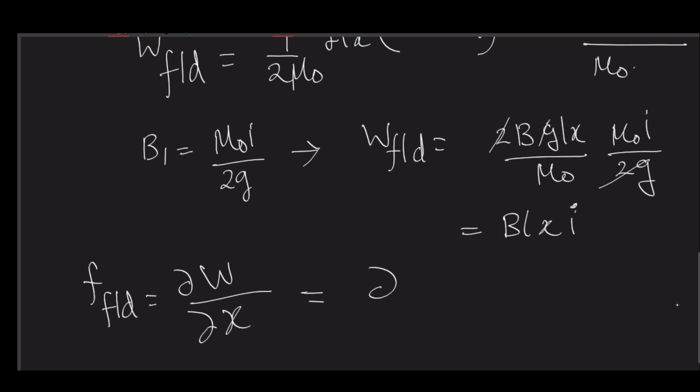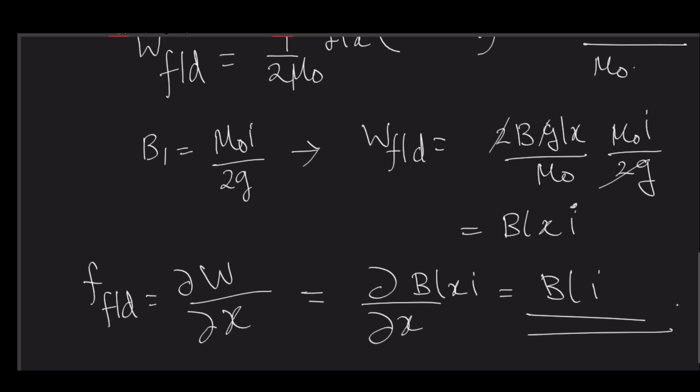So you will get what? This is our very popular expression that force is constant. It is dependent on the current. It is the energy. The energy is minimum when it is under the polar region, and energy is maximum when it is in the interpolar region. But the force remains constant, right?